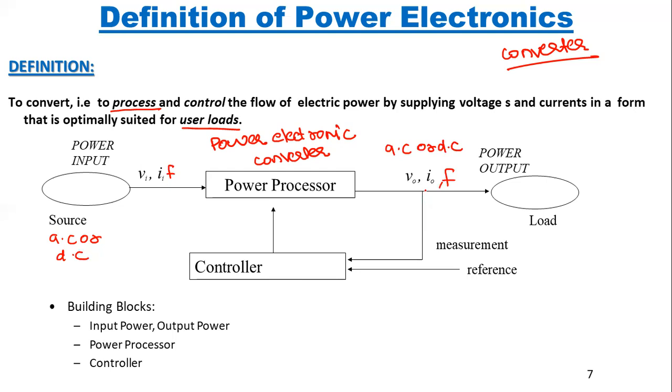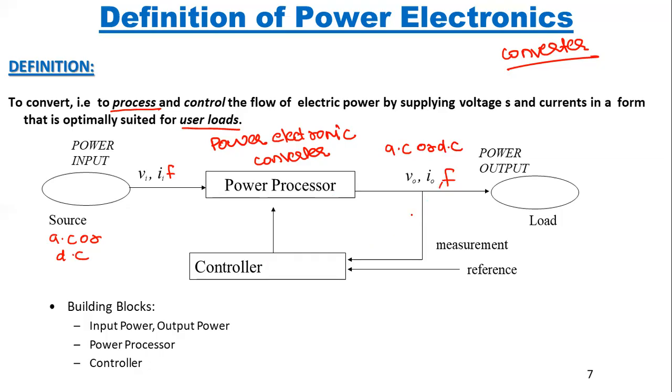And you can see that there is a feedback. Something is being fed back and given to a controller, which in turn is controlling the power electronic converter or the power processor. We are giving an input, it passes through a converter and we get an output, and some part of that output is fed back and given to the controller.